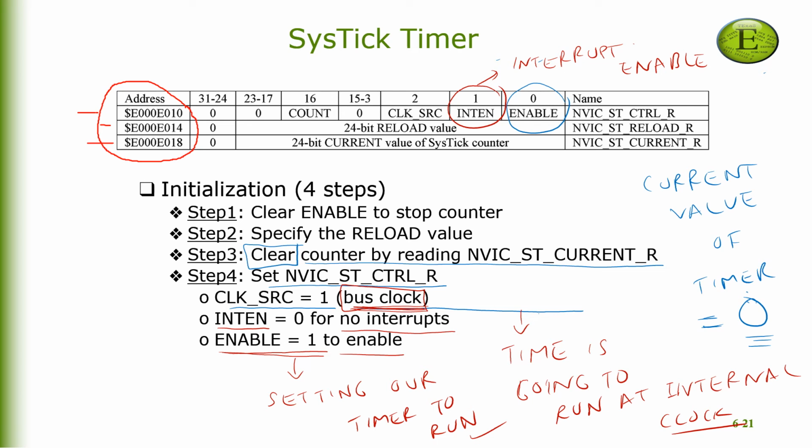So this is how we configure the timer by setting or clearing the individual bits, or we can just load the value of the NVIC control register as appropriate, and also specify the reload value and then clear the current value of the timer register.